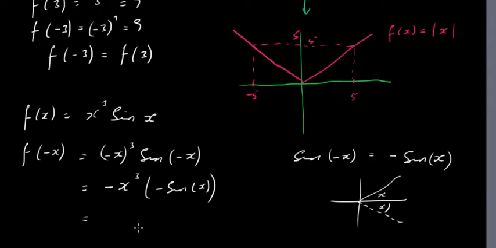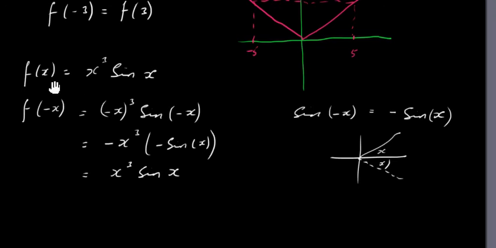So that just gives me in total, then I have a minus times a minus here, so that's x cubed sine x. So look what I've done here. I've put in x into my function and I've got x cubed sine x. I put minus x into this function as well, and I've also got x cubed sine x.